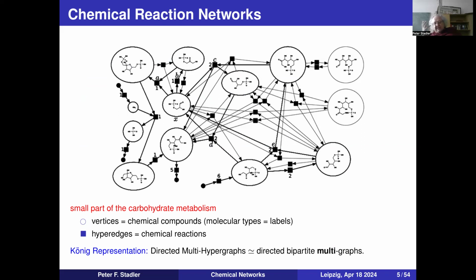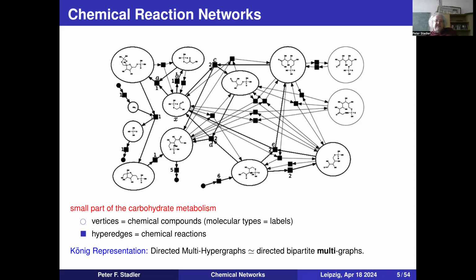So if we think of chemical reactions not as individual reactions as I had on the first slide, but at a more systems level as systems of different chemical reactions, then essentially we can think of this whole system as a directed hypergraph, where I use this Koenig representation where the directed hypergraph is written as a bipartite graph with multiple edges.